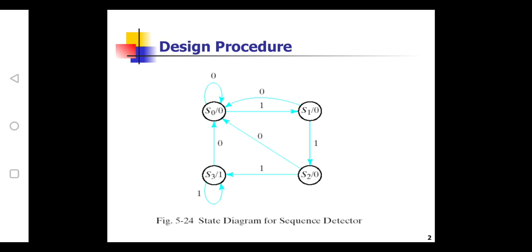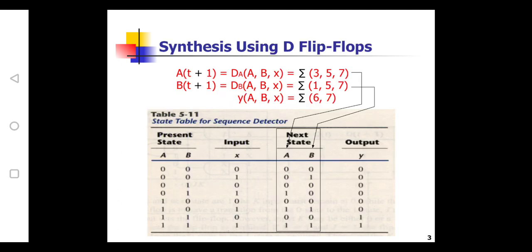As we have four states, we can represent them as S0 is 00, S1 is 01, S2 is 10, S3 is 11. So the first present state is S0, 00. If the input is 0, it goes to the same state, S0. The next state is 00, and the corresponding output is 0.